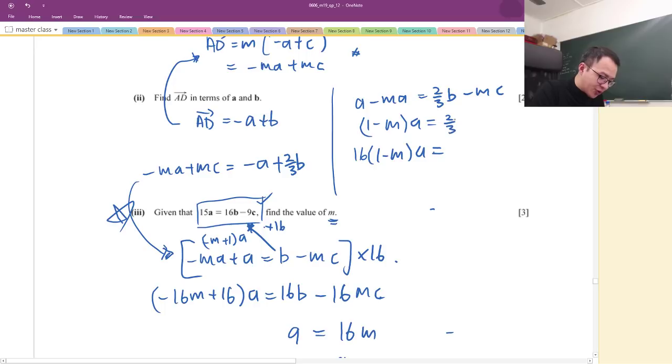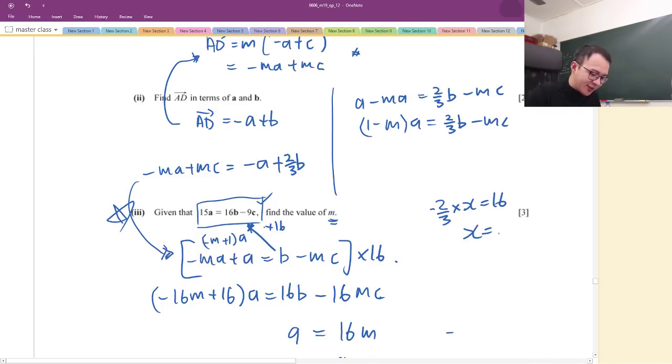So 2 over 3b minus mc. And then now I need to think how to make the 2 over 3 become 16. So 2 over 3 multiplied by x becomes 16. So x is basically a, 24. So I need to multiply 24 for the whole equation here.